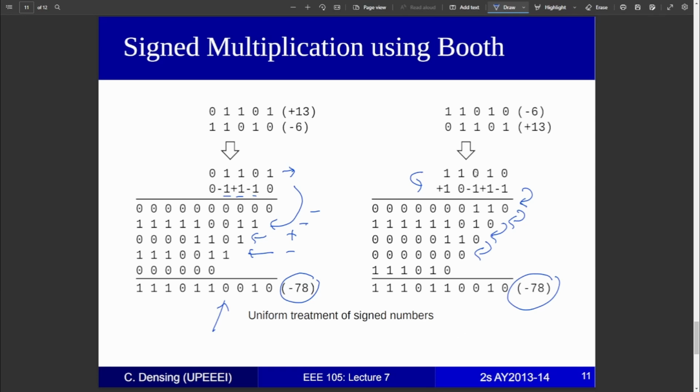The thing is just that when you negate a negative number in Booth, you just use the positive equivalent. So unlike normal multiplication, you can just treat these two in the same way instead of doing the XOR stuff. But I recommend doing the XOR stuff because that's more uniform.